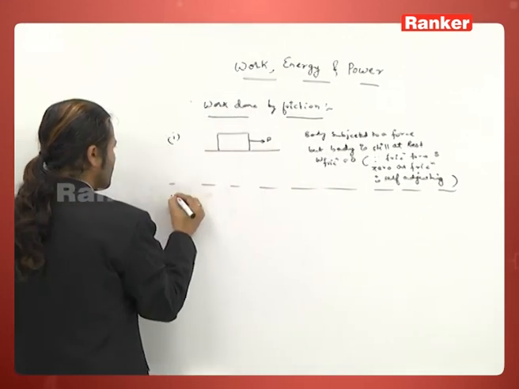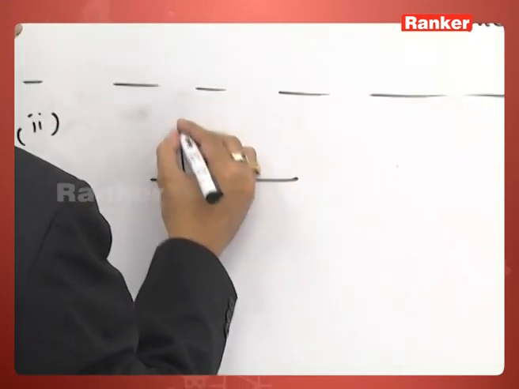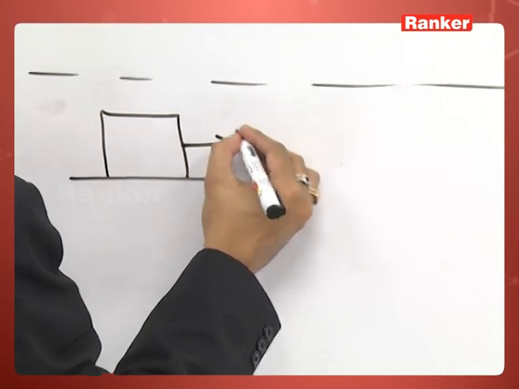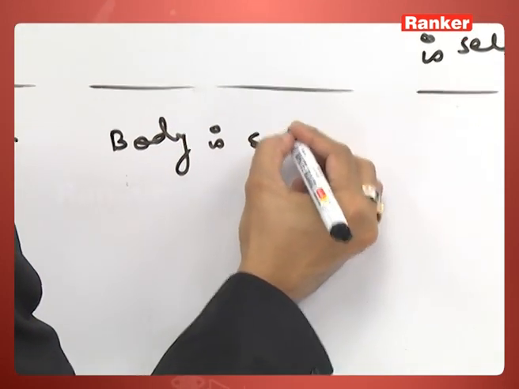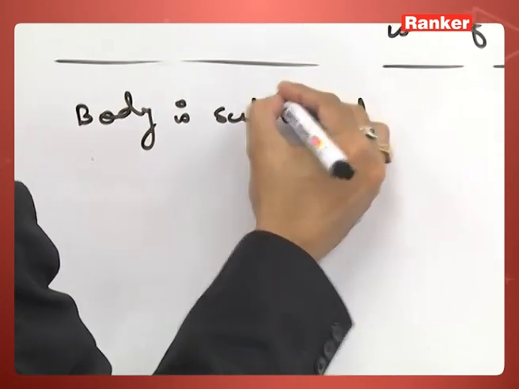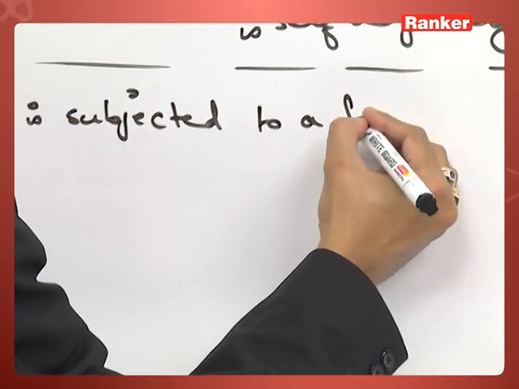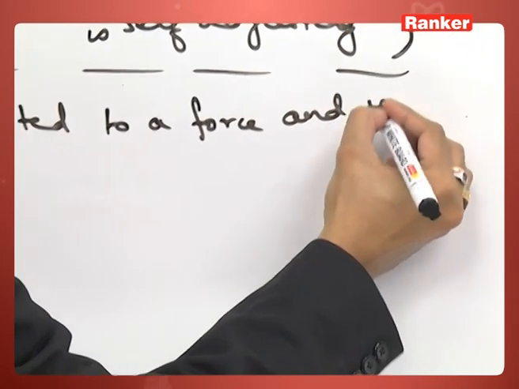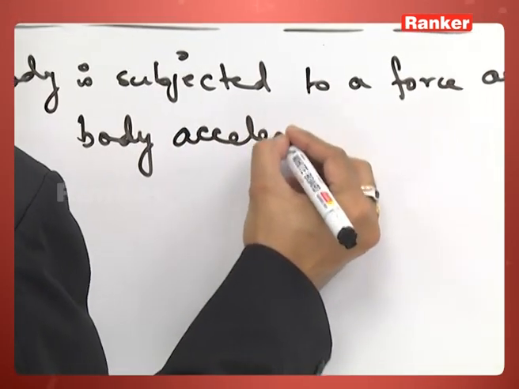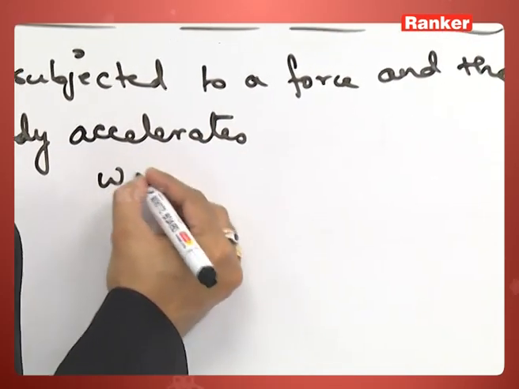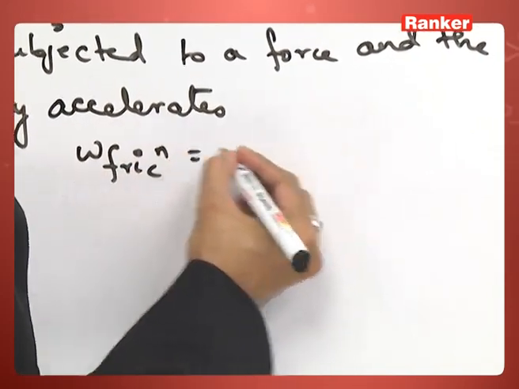Number 2. The body is subjected to a force and the body accelerates. Work done by friction is negative.